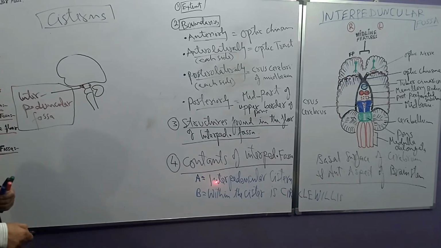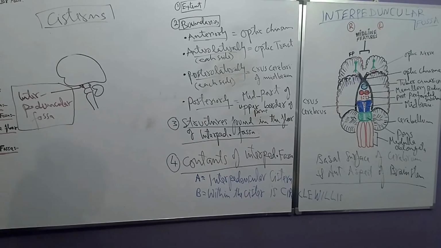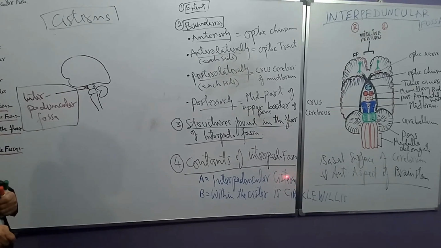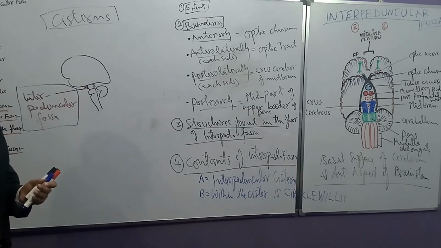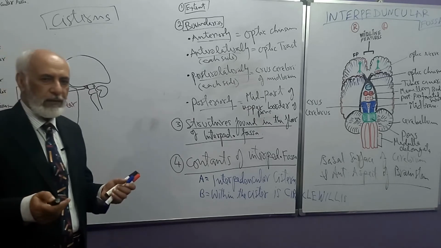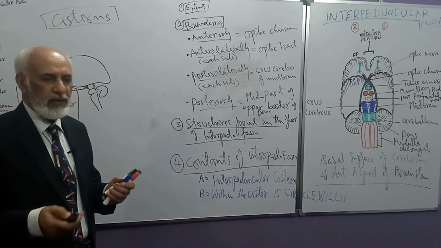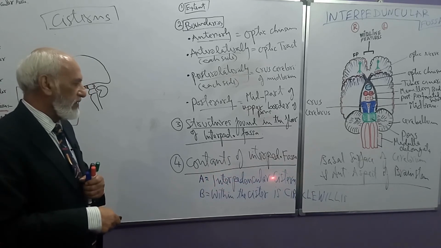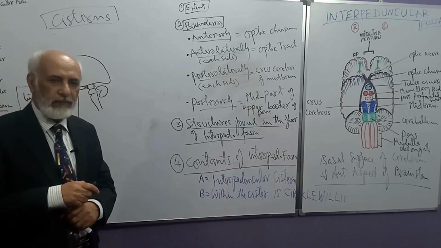Now, what is interpeduncular cistern? In the previous diagram, I have shown the interpeduncular cistern that is just below the base of the cerebrum and anterior aspect of the midbrain. The subarachnoid space is wider, filled with cerebrospinal fluid. That is known as the interpeduncular cistern. So what is inside the interpeduncular cistern?